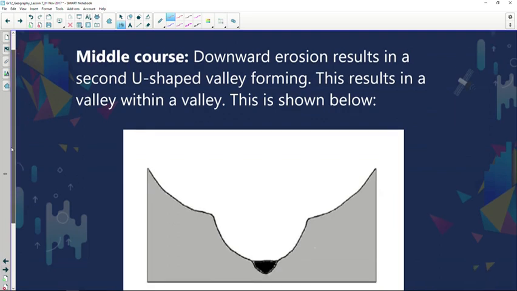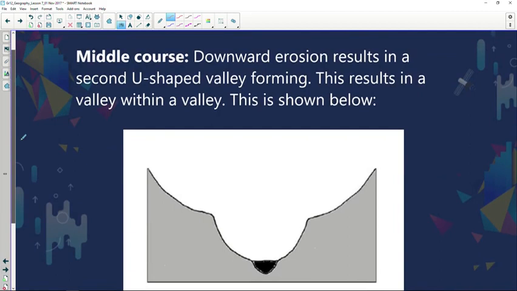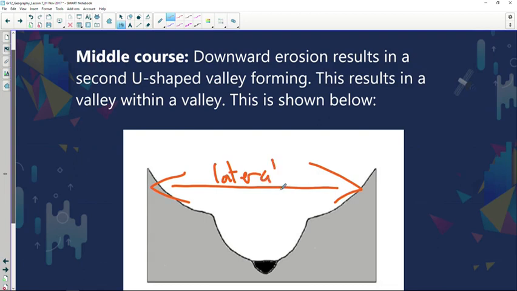Now, as you can see, what happens in the middle course? As far as we know, what happens in the middle course with a longitudinal profile? We have lateral erosion. Why? Because other tributaries start joining this river, the volume increases, and there's more erosion. And it's not as steep. That's the reason why we experience the lateral erosion.